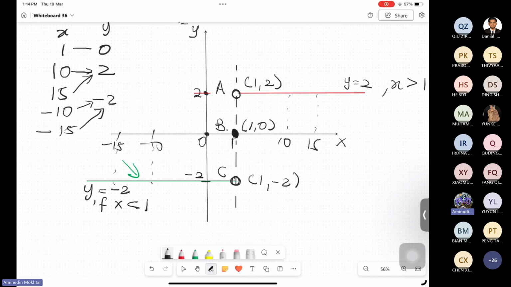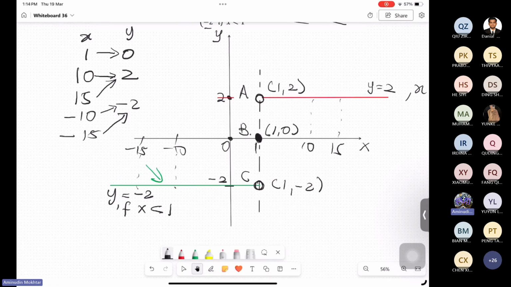So we can see here the relationship is what we call one input produces one output.